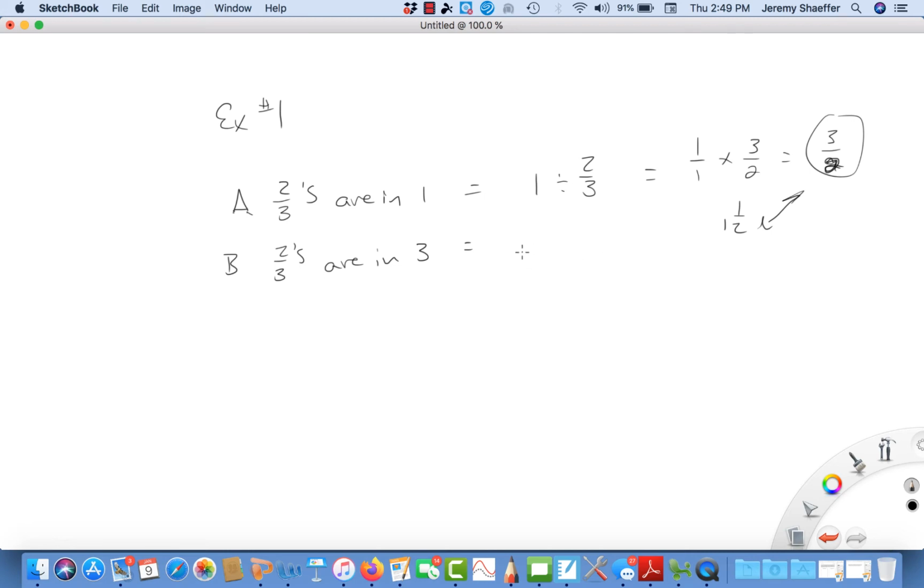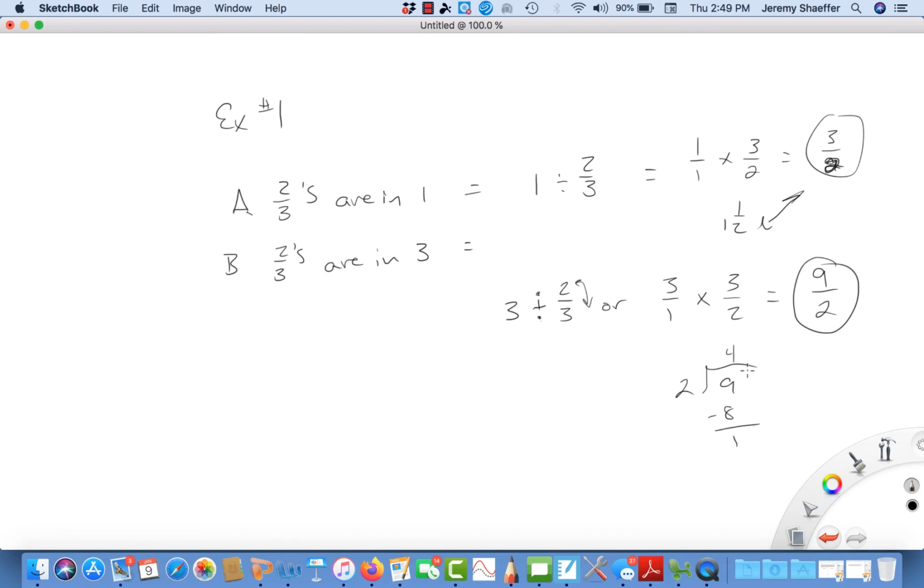Well, the same is true. 3 divided by 2 over 3, or what we're really saying is 3 over 1 times the reciprocal, right? 3 over 2, which is equal to, 3 times 3 is 9 over 2. So B's answer is 9 over 2, or we could say that it is 4 and 1/2.